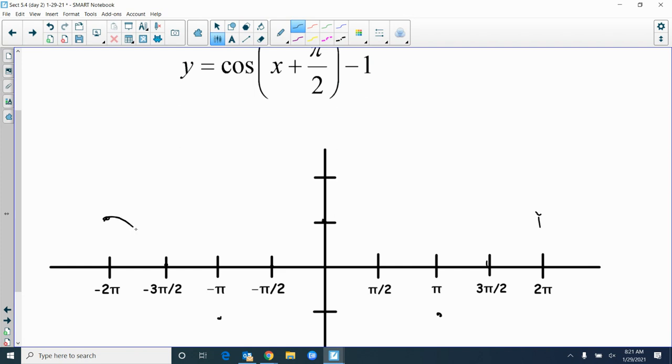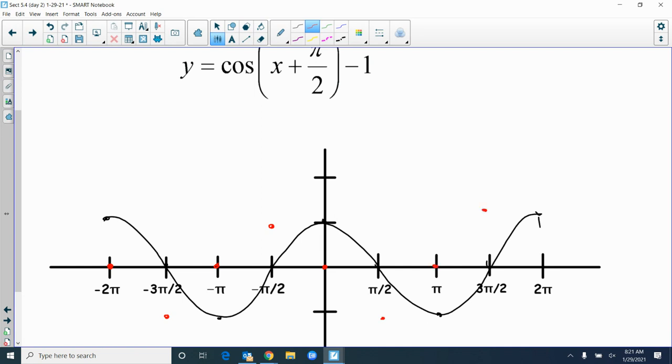So here's your cosine. It's going to move left, so that point here is going to be here. This will move over, this will move over, this will move over. What does the -1 do? It moves it down 1. So let me finish here. That'll move over, that'll move over, that'll move over.